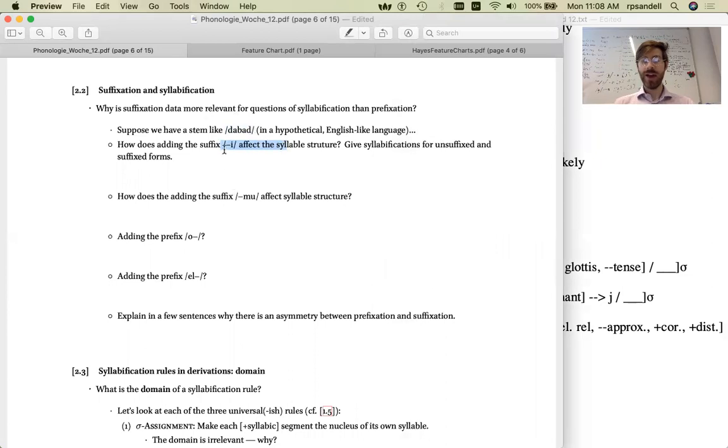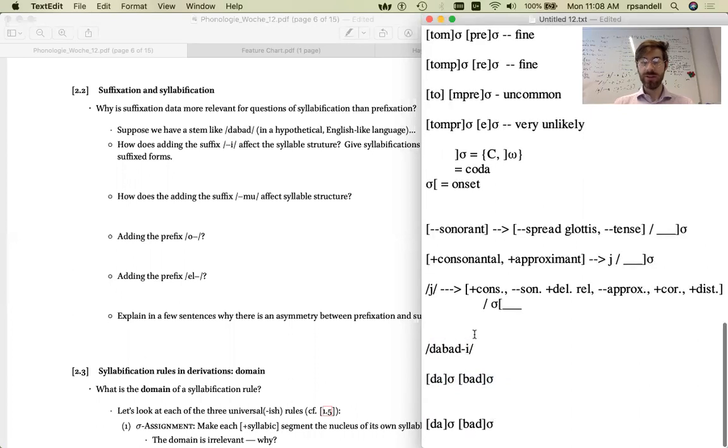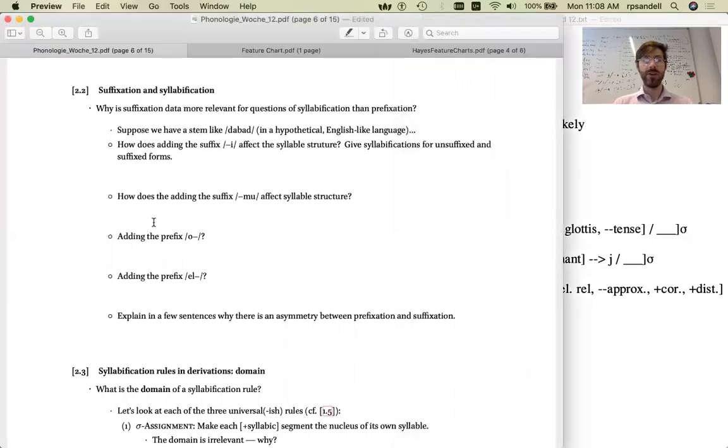What will happen here if I add a suffix e? If we add a suffix e, then I would instead expect to have, of course, three syllables, because we now have an additional syllable nucleus, and this da, which was put into the coda of that syllable, will instead be put into the onset of the following syllable.